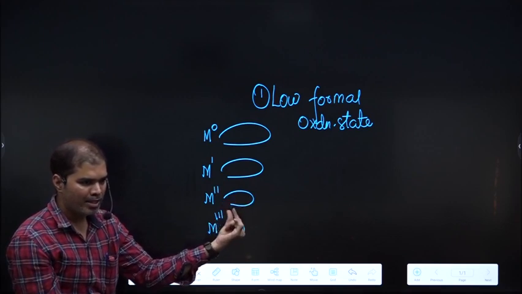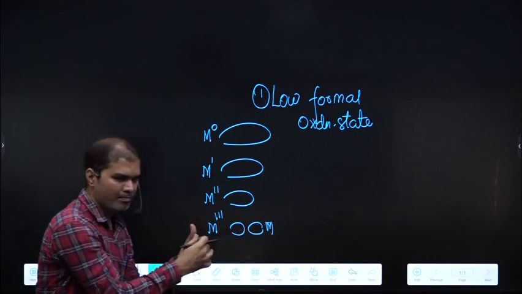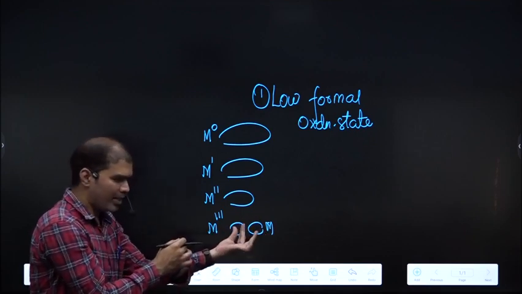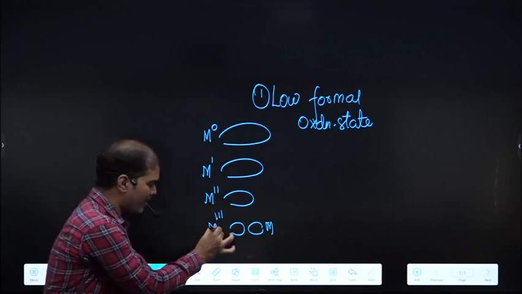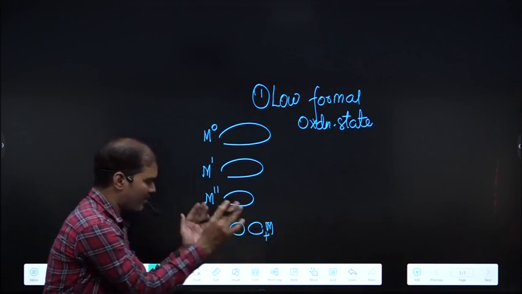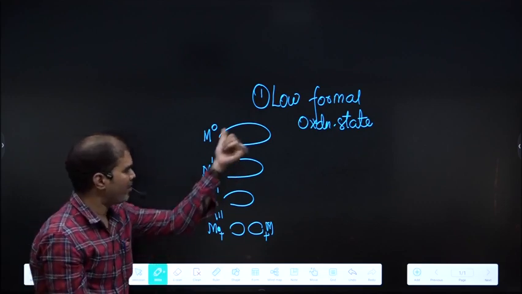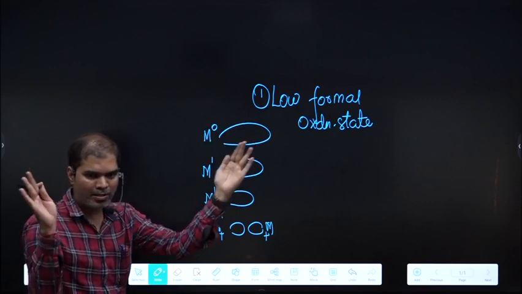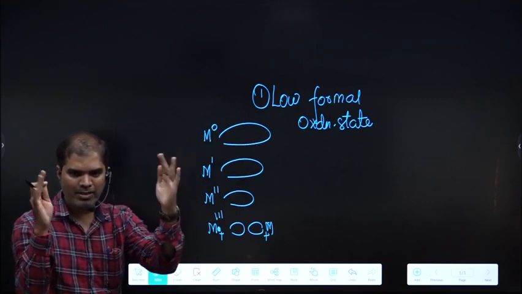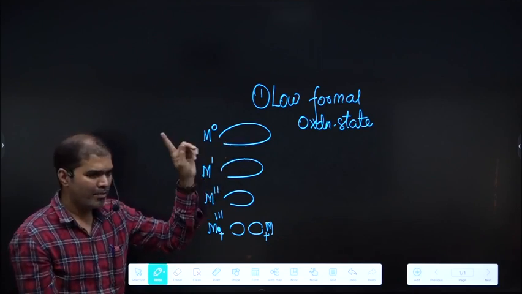When the size of the orbital shrinks, suppose another metal comes, can they overlap efficiently? No. If they try to come very close to have an efficient overlap, the metal has a nucleus, a positive charge. When they come much closer, repulsive forces will dominate. Whereas if the metal orbital is larger, two metals need not come close. Repulsions will be less, but overlapping will be strong. So whenever the size is larger, overlapping will be high.